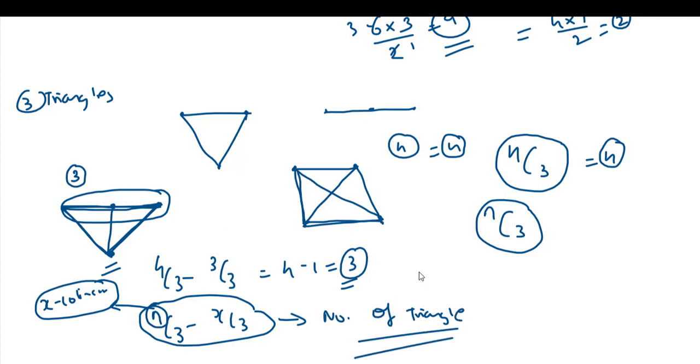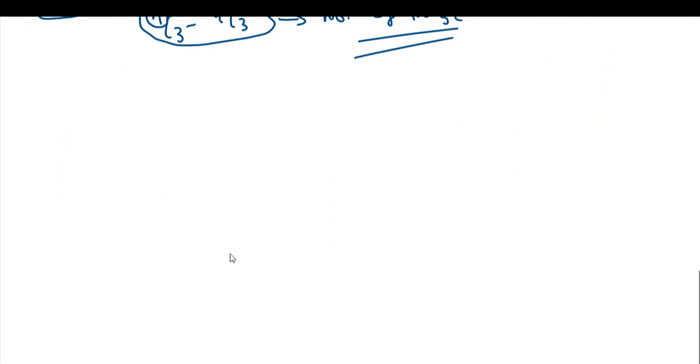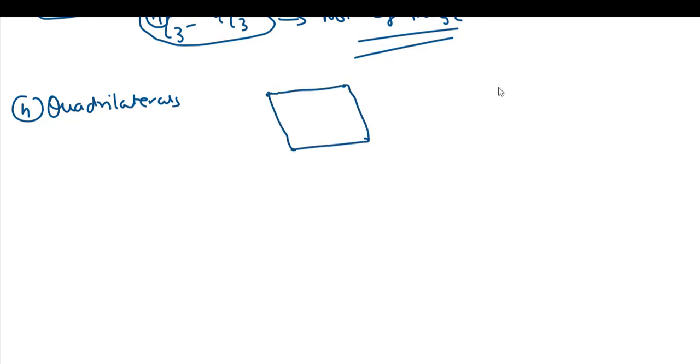Let us now see how to count the number of quadrilaterals that can be formed using a given set of points. Now to form a quadrilateral, we need 4 points. Once we have a set of 4 points, we can form one quadrilateral. So if we have 5 points, let's see how many quadrilaterals we can form. So this will be one quadrilateral by considering these 4 points.